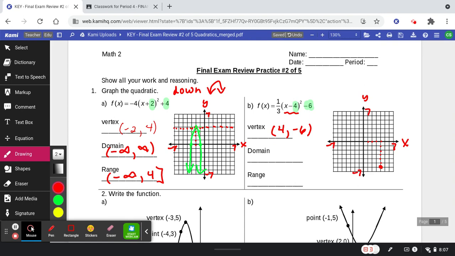Starting at that critical point, it's a positive 1/3, so my orientation is an upward parabola, unlike the other one that was negative. Positive 1/3 means instead of going the normal out 1, up 1, it's going to go up 1/3 of that speed. So out 1 is only going to go up 1/3 of 1.